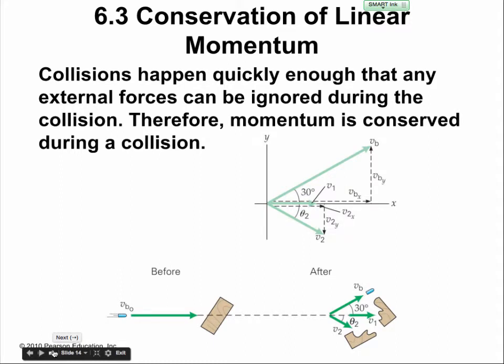So when we talk about conservation of linear momentum, we also use this for other things too. Momentum is always conserved during a collision to one degree or the other. Here we have a board that is stationary, not moving at all, and we have a bullet. The bullet has a very high velocity but a small mass. Well, the wood also has a mass. So when the bullet hits the wood and the wood shatters, the momentum before has to equal the momentum after.